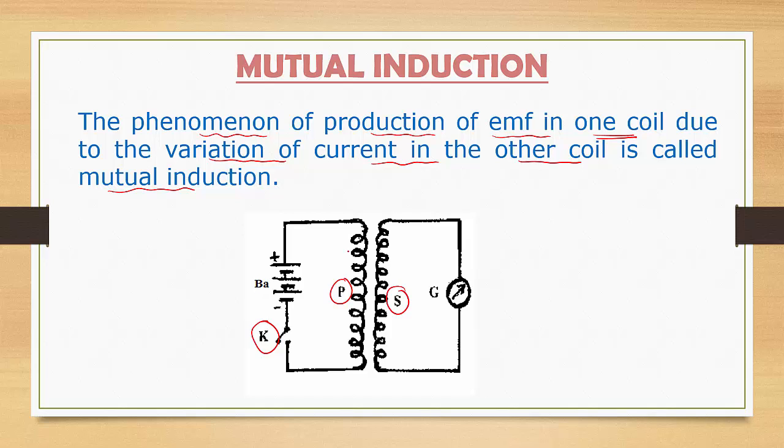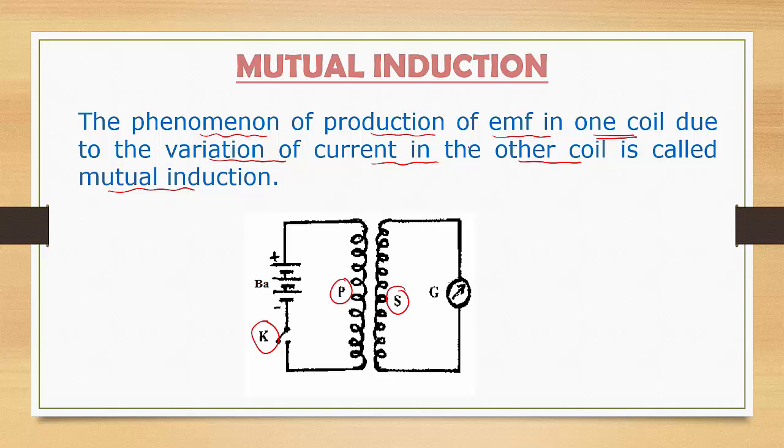We already studied self-induction as well as Lenz's law. Whatever induced current takes place, this induced current always opposes growth or decay of the battery current. So it opposes growth of battery current in the primary coil, and this is indicated by the deflection in the galvanometer.